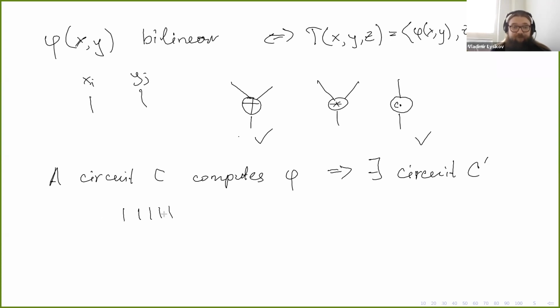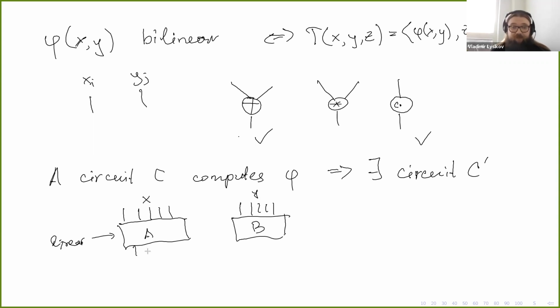We have here the inputs of x. We feed them to some linear map A. Linear, so it only contains additions and constant multiplications. And we have the same for y. So these linear maps have some number of outputs. And then we do coordinate-wise multiplication of these outputs.